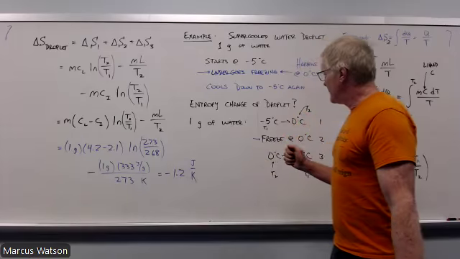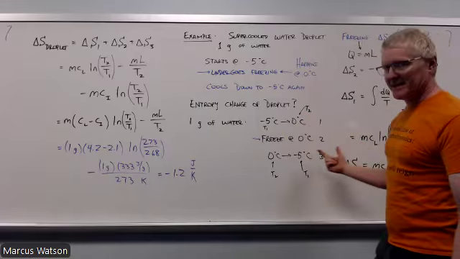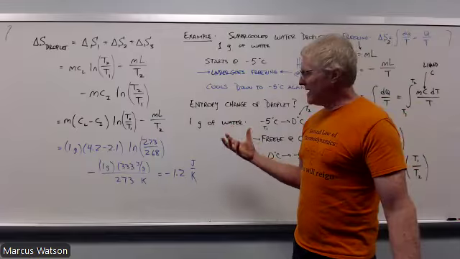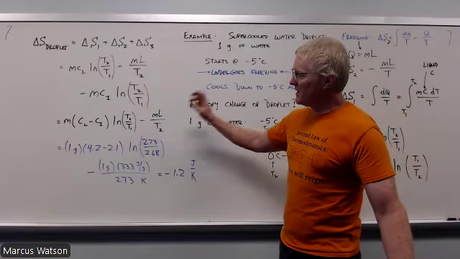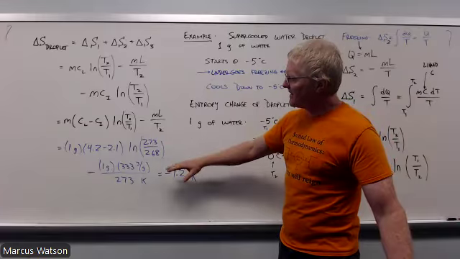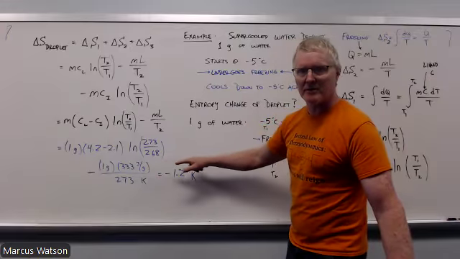So the droplet gained a little bit of order from its freezing, but lost a little bit because of its temperature increase, and gained a little bit because its temperature decreased. So that freezing really was the dominating term here, it looks like.